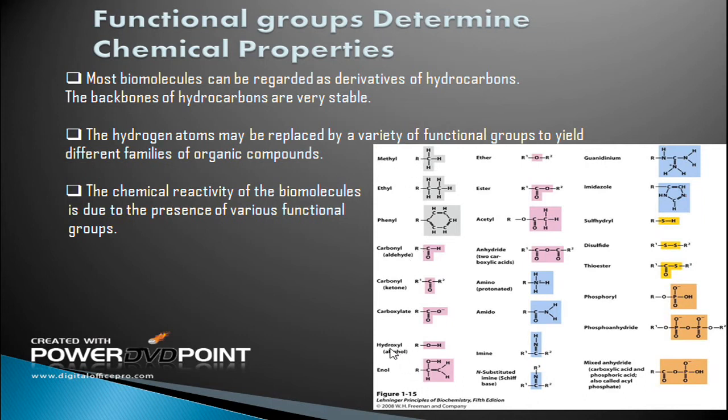Here you can see a hydroxyl group, that is the alcohol, carbonyl or ketone group, another carbonyl, that is the aldehyde group, and amino group, sulfhydryl group. Likewise, the chemical reactivity of the biomolecules is due to the presence of various functional groups. As the backbone is very stable, the reactivity of the biomolecules can be attributed to the functional groups attached to them.